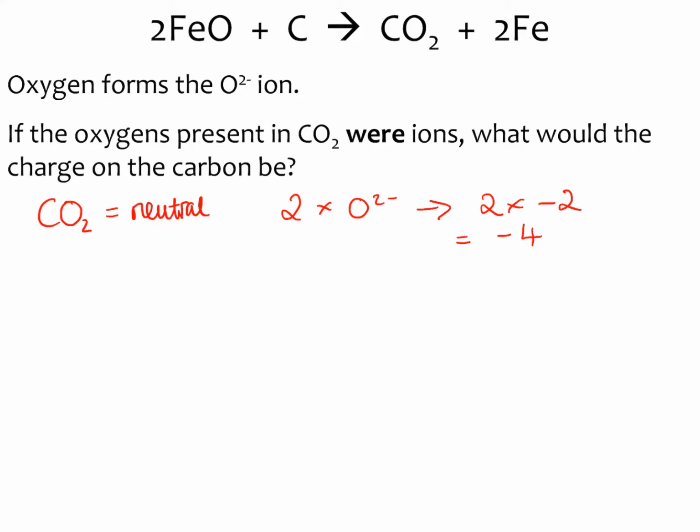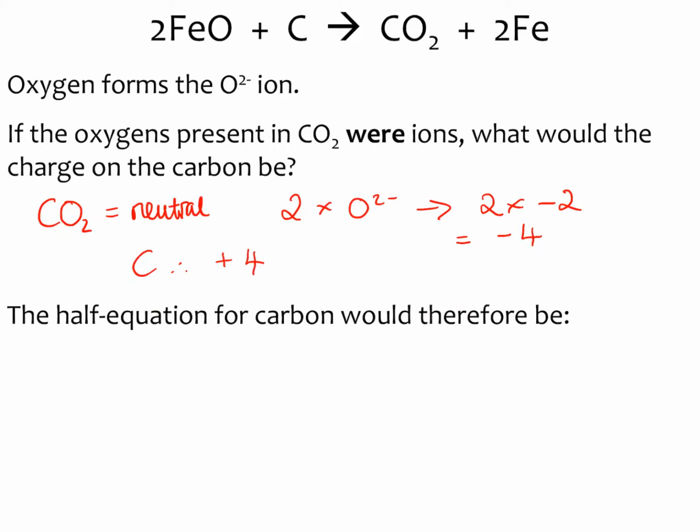Now if carbon plus oxygen cancel their charges out, and the oxygens contribute a -4, the carbon must therefore be a +4 charge. Now, as I said, we know that carbon dioxide is not ionic. So what we're doing here is we're just assigning charges and saying, if it was ionic, what would the charges be? And we can then say that the half equation for carbon would be carbon forming C4+, and it must be +4e- on the right hand side.